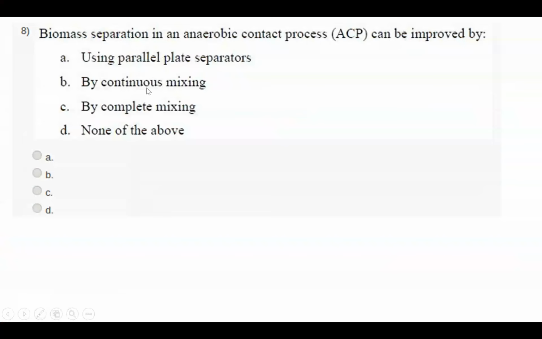So now, the eighth question: biomass separation in an anaerobic contact process can be improved by, four options are given, using parallel.